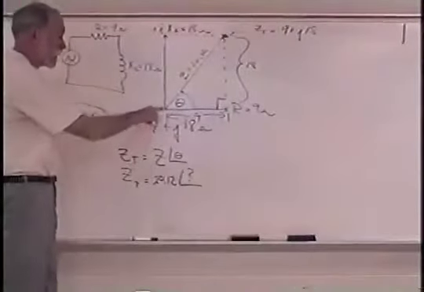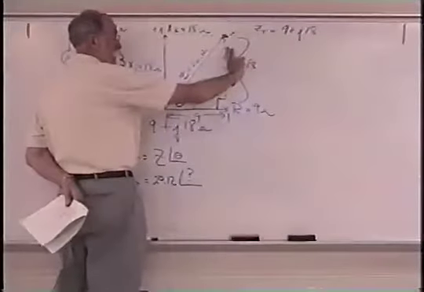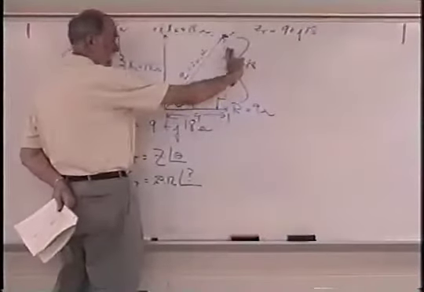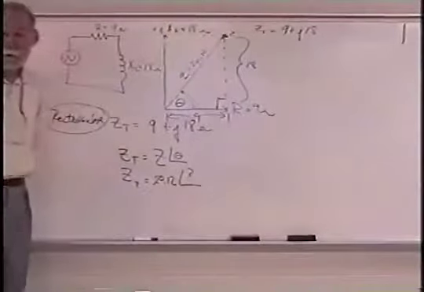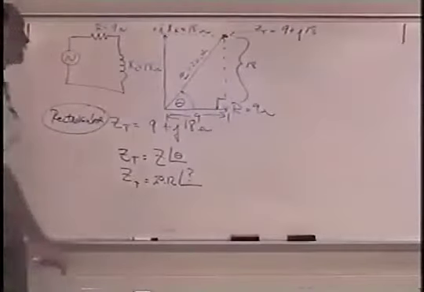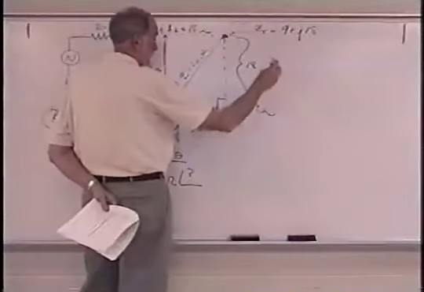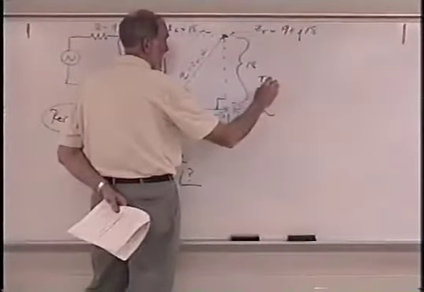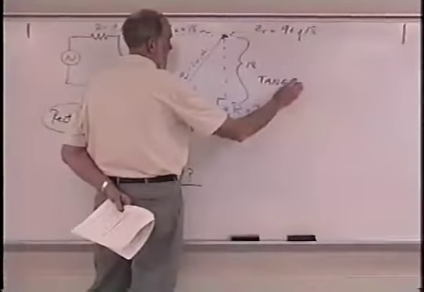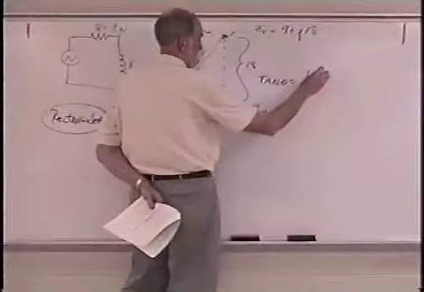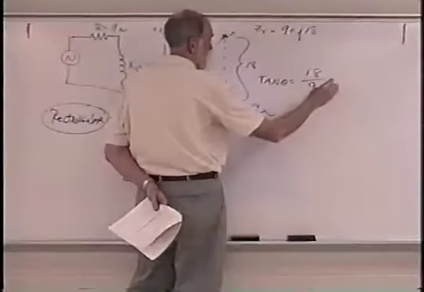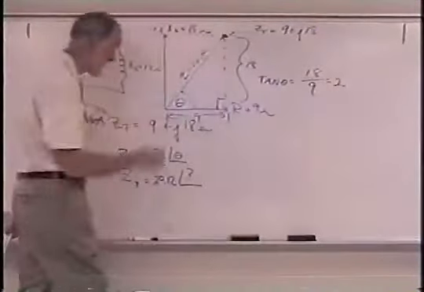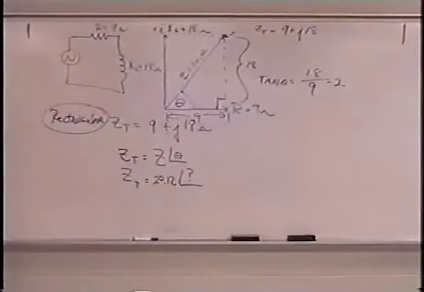The tangent of theta would be the sine divided by the cosine, the ratio of those two sides. So tan theta is equal to 18 divided by 9, which is equal to 2. So the tangent of that angle, whatever it is, is 2.